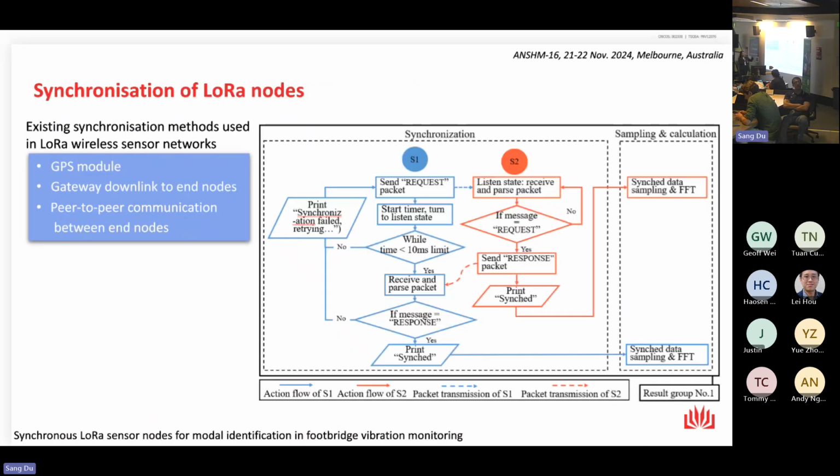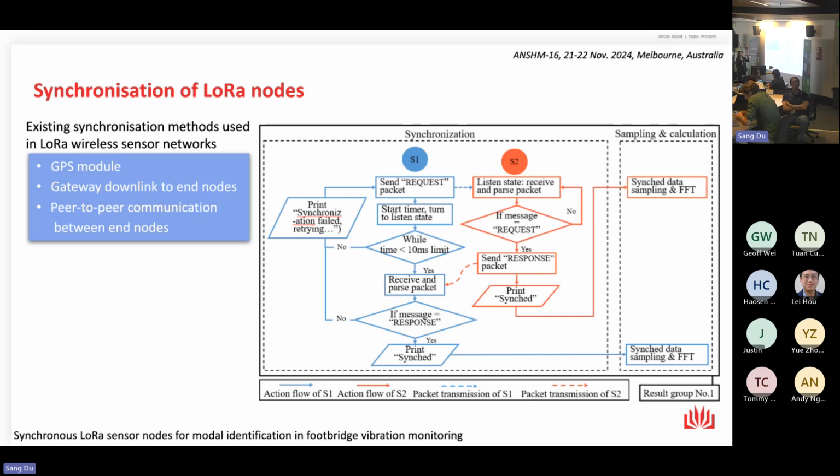So here are the existing synchronization methods that have been used in LoRa networks. Basically people use a GPS module, but this requires extra hardware on the nodes, which would increase the cost of a single node and also enlarge the equipment size.